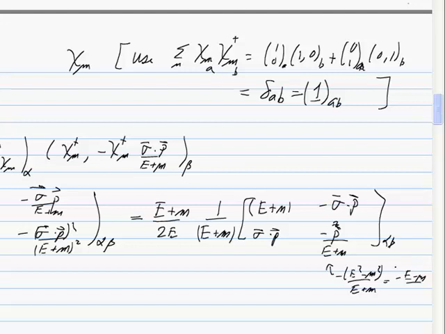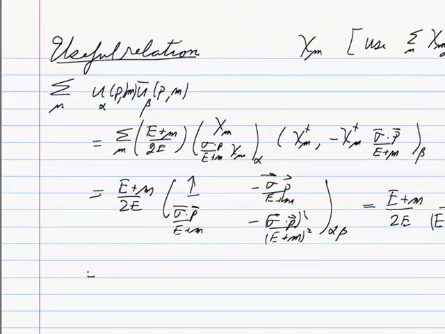All right, that's it. Okay, there. So this is all the little details; I won't do this for everything. Okay, then my final claim is that this is 1 over 2e, p slash plus m, alpha beta component.